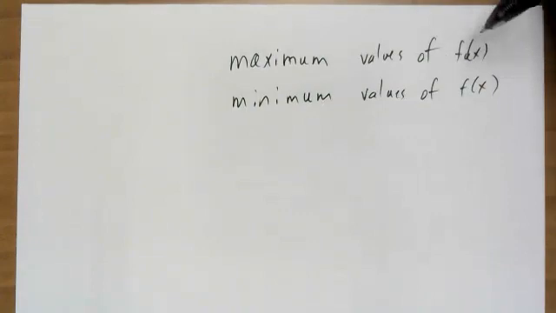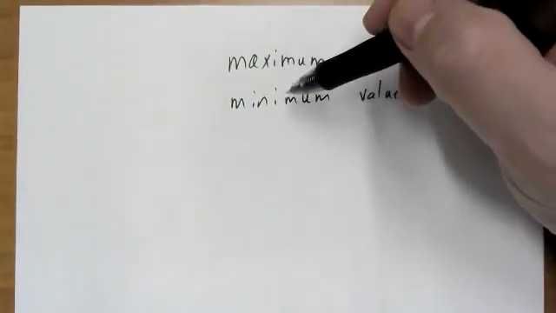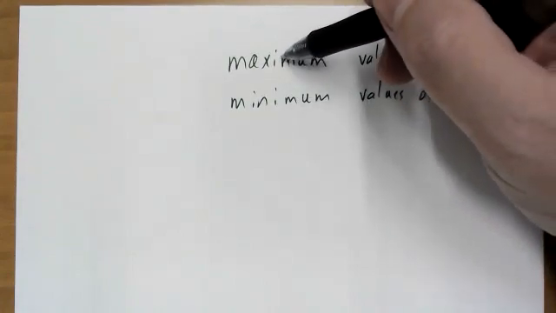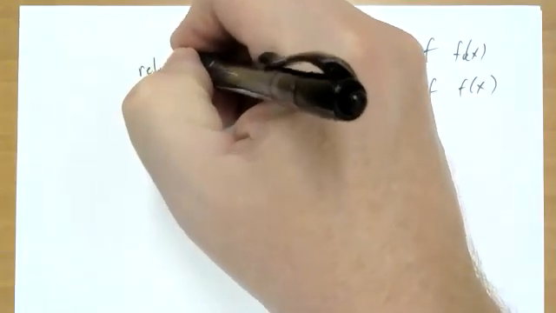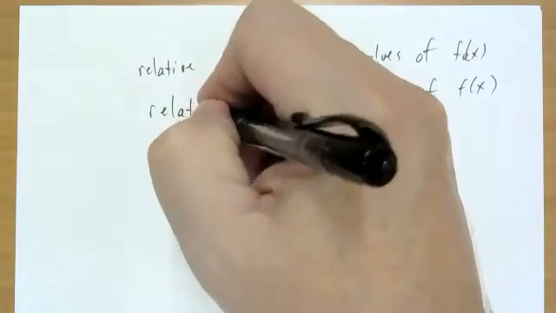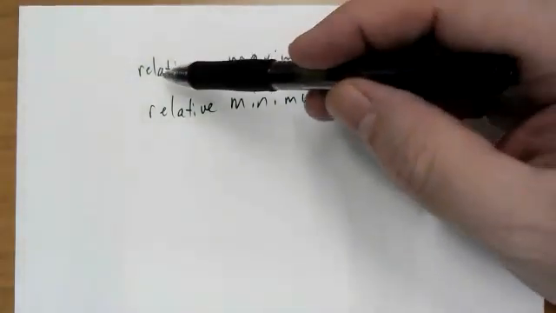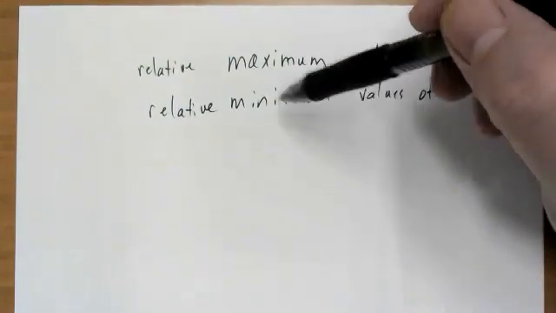Even though in this video we will be talking about maximums and minimums, to be absolutely careful and correct, we should say that we're going to be looking at relative maximums and relative minimums.